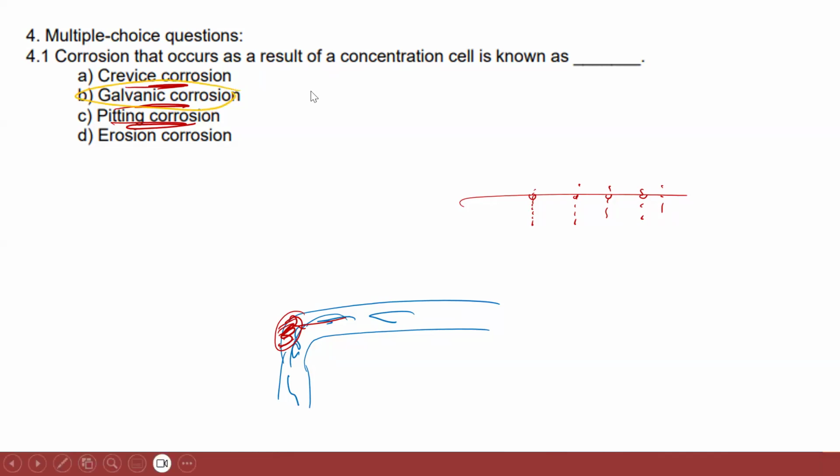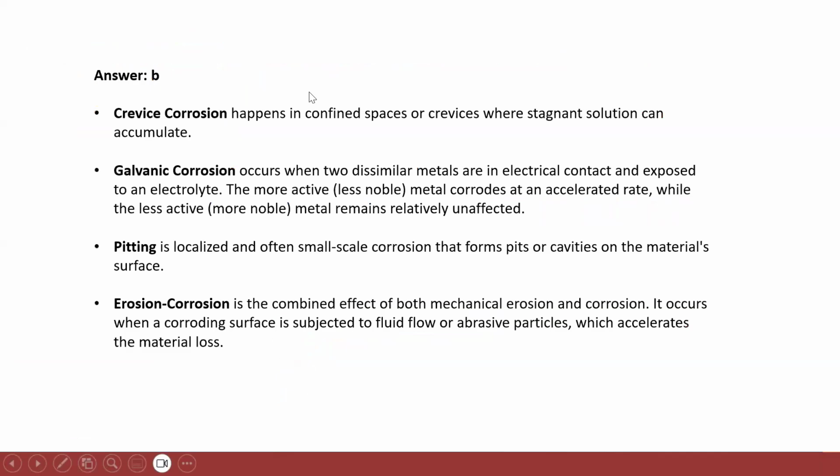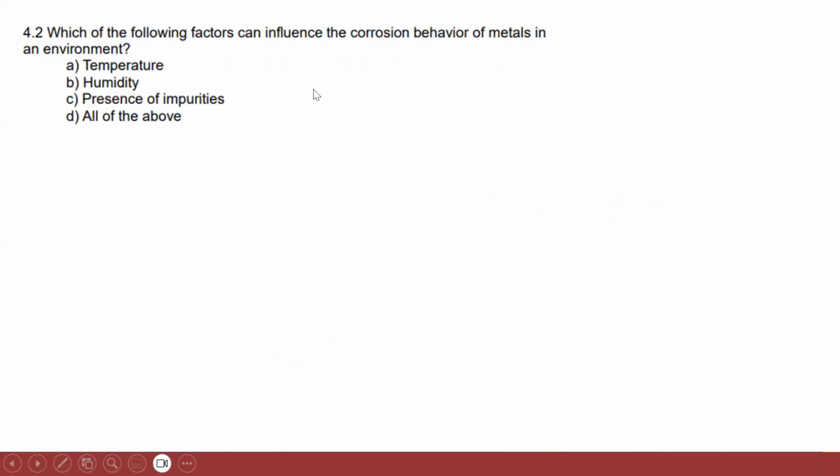Next question. Which of the following factors can influence the corrosion behavior of metals in an environment? Temperature: do you think the temperature is affecting? If the temperature is high, reactions are happening faster. Even to dissolve some sugar in water, if you have hot water, it will dissolve it faster.